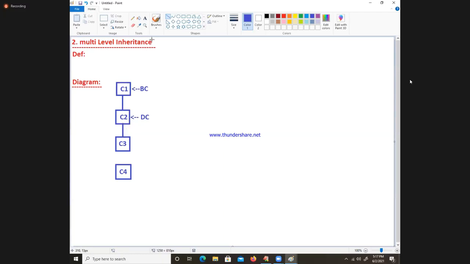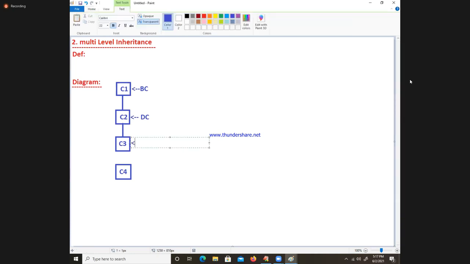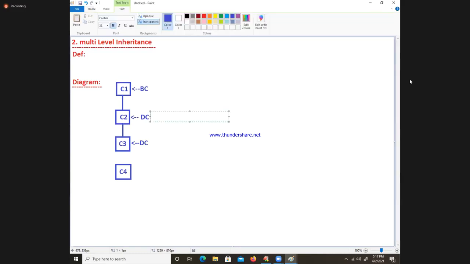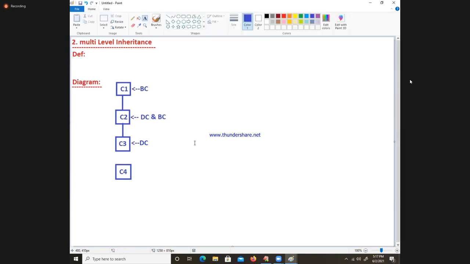Forget about C1. C2 and C3 you see. Then C3 is called what? A derived class. But here C2 is called what class? It is a base class. So C2 is acting as both: base class cum derived class.